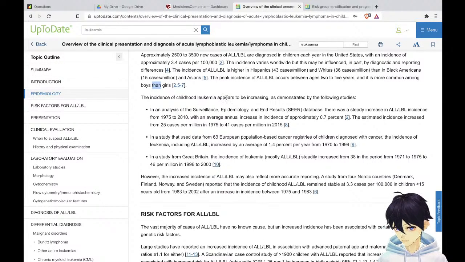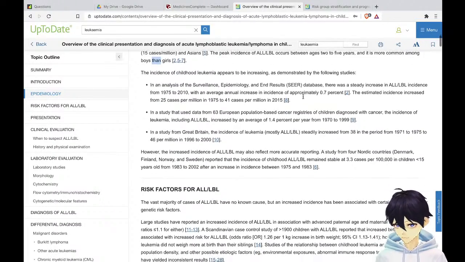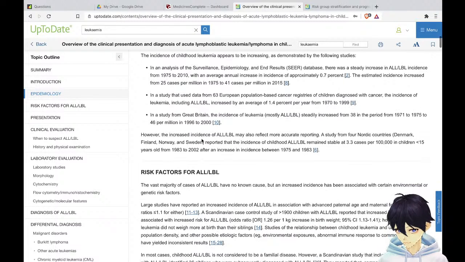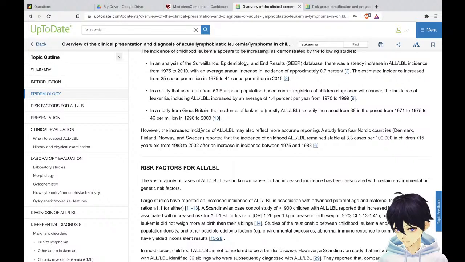The incidence of childhood leukemia appears to be increasing, as demonstrated by the following studies. However, the increased incidence of ALL or LBL may also reflect more accurate reporting.